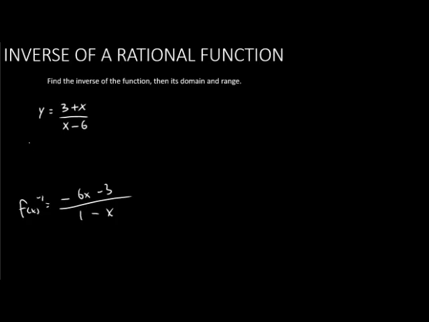Let's begin by finding the domain of our original function. Our original function has a denominator of x minus 6. Our rule for denominators is that the denominator cannot equal 0, and we'll set up the inequality x minus 6 is not equal to 0. If we add 6 to both sides, we'll end up with x is not equal to 6. Remember that x is not equal to 6 will appear as an open circle on our number line.